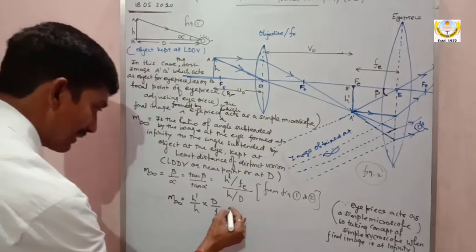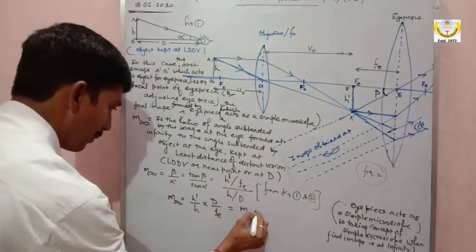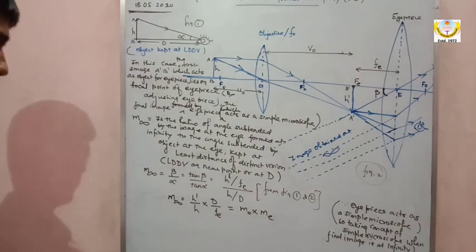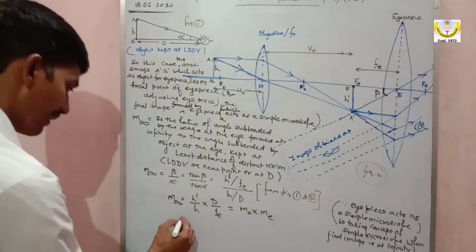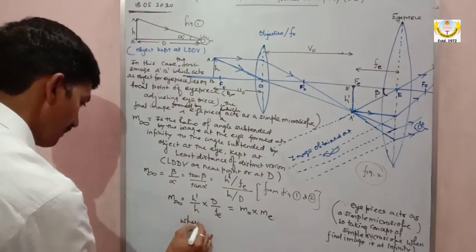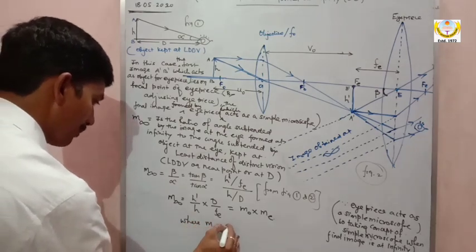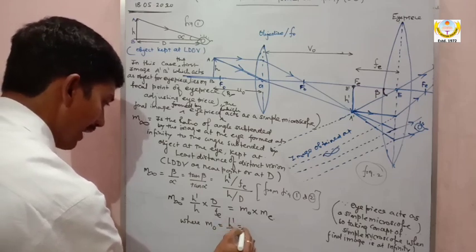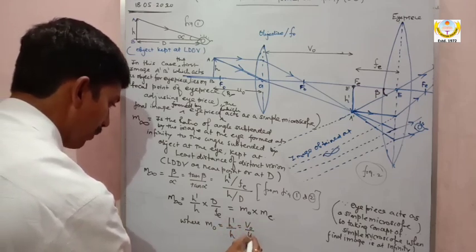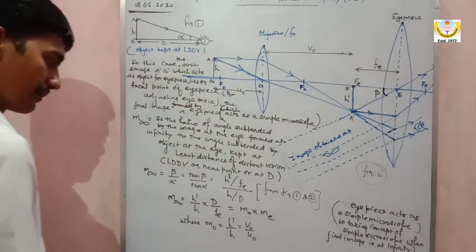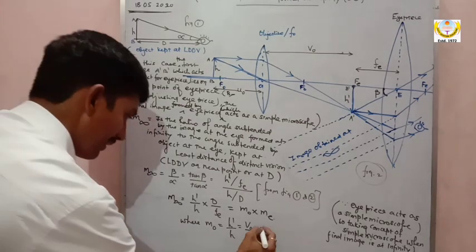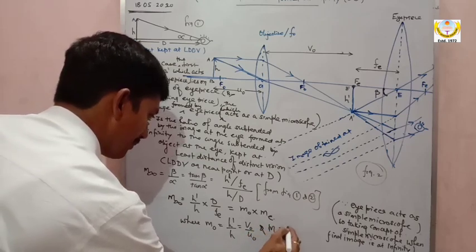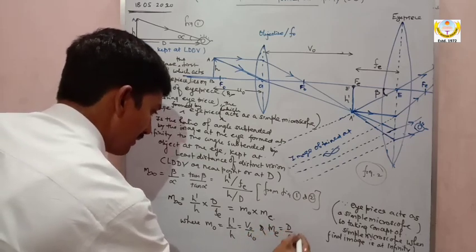Now here I can say this is equal to MO into ME, where MO is equal to H dash by H, and that is equal to VO by UO also, and ME is equal to D by Fe.